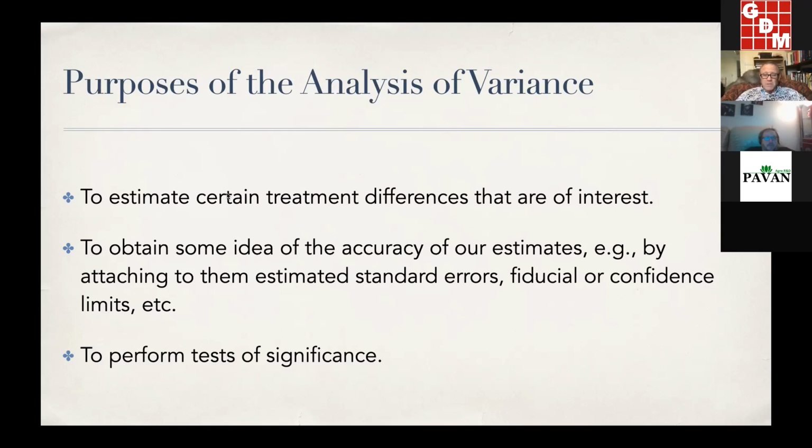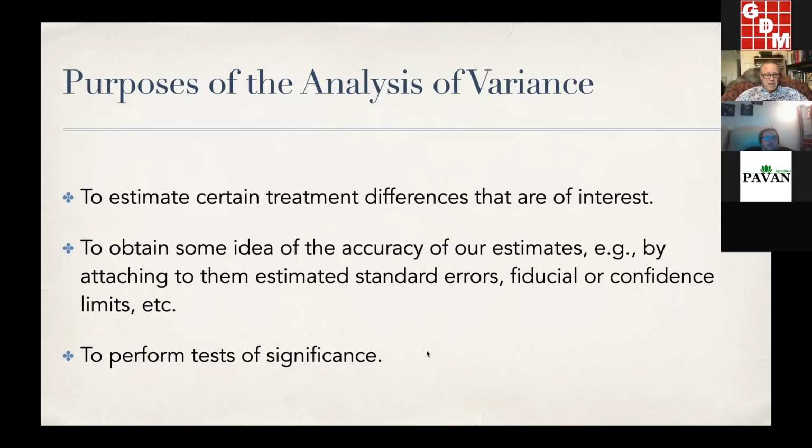And that includes estimates of standard error, our standard deviation. We don't use confidence limits very much in ARM. And the fiducial argument was something Fisher was developing about the time that these papers were written and has fallen by the wayside. And finally, we want to be able to perform tests of significance.